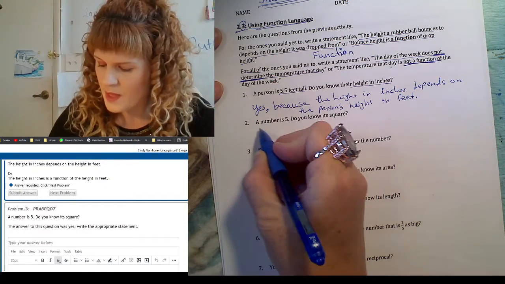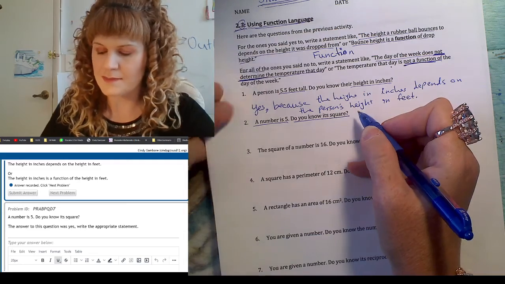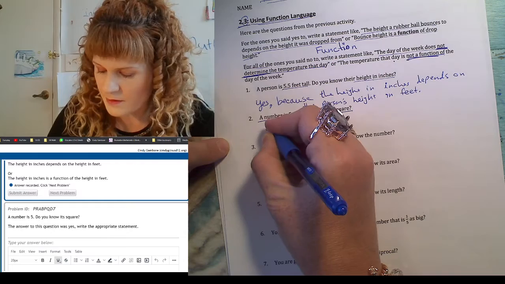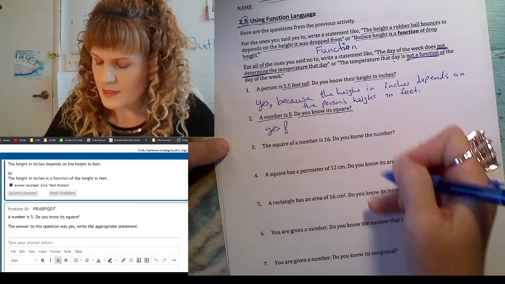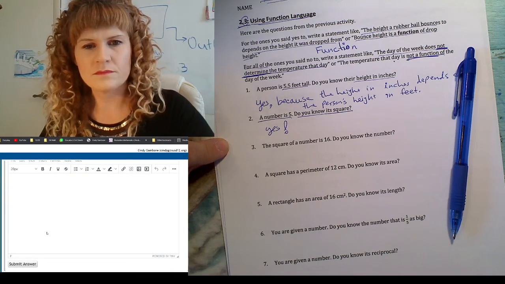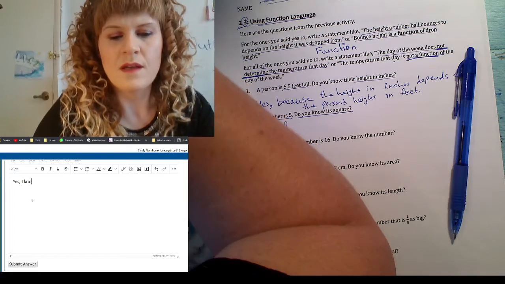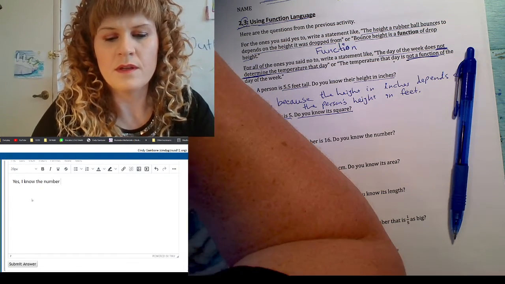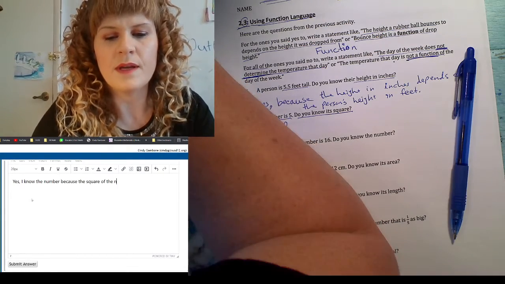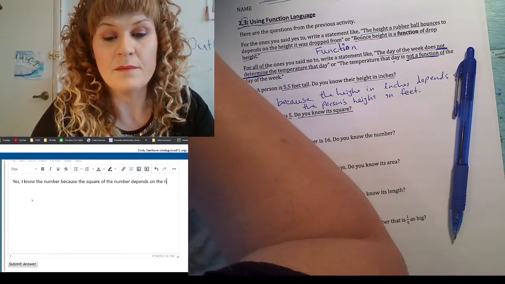Next one. A number is 5. Do you know its square? Yes, because the square of the number depends on the number. Yes, let me type it in. Yes, I know the number because the square of the number depends on the number.